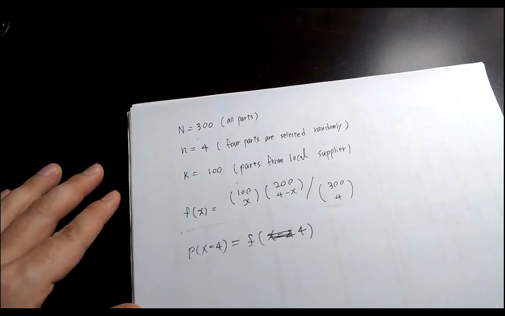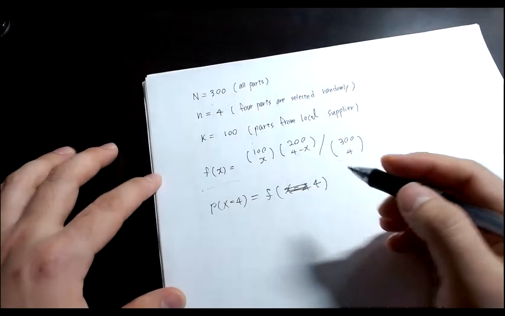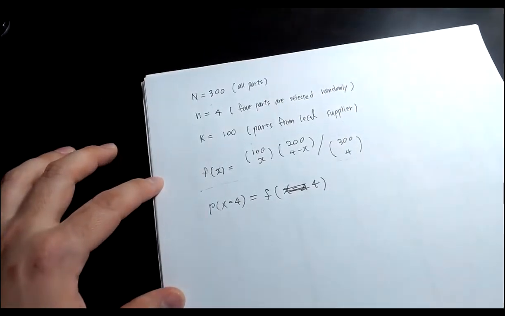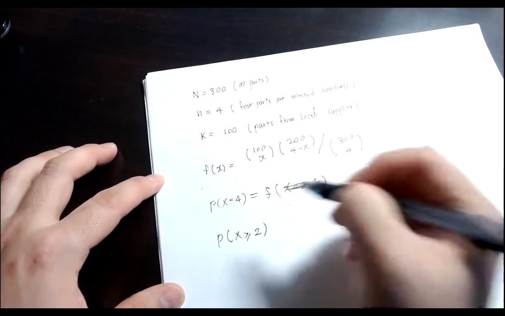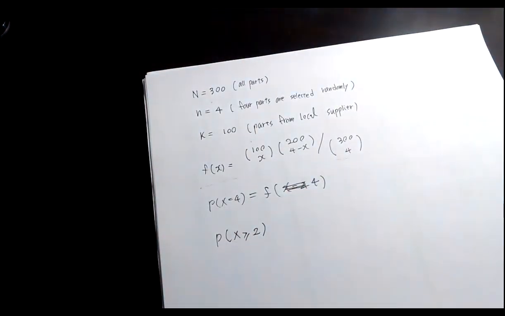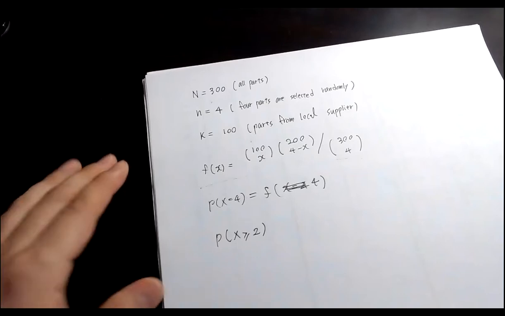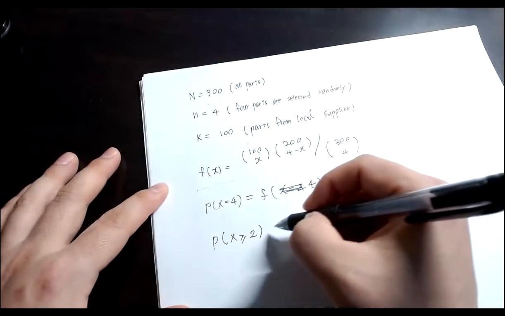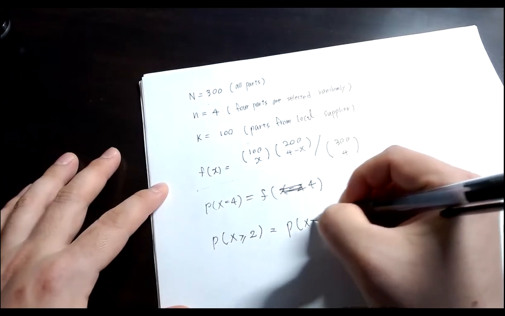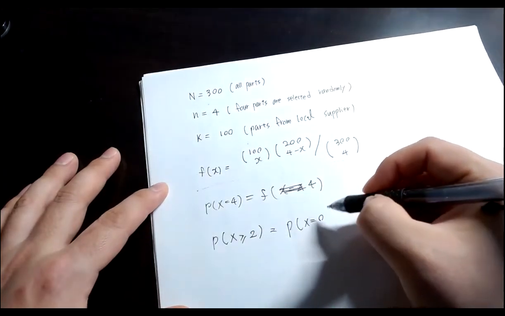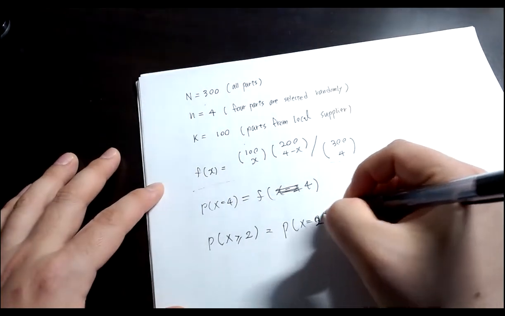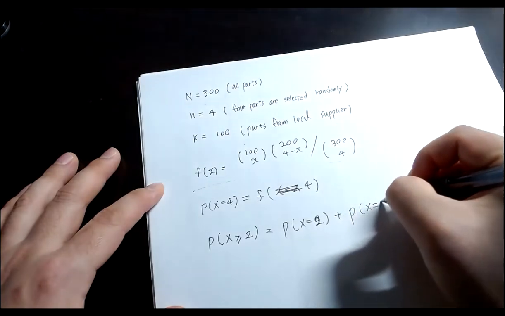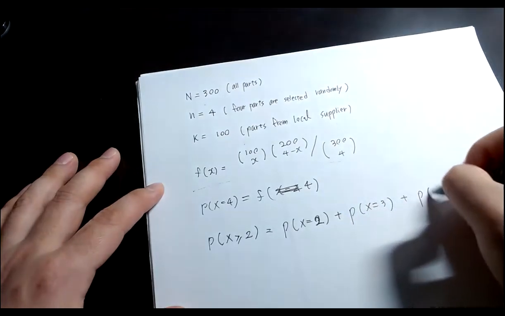The second problem is to find the probability that X is greater than or equal to 2, I mean, that 2 or more parts in the sample are from the local supplier. So we have to calculate the probability that X equals 2, I'm sorry, it should be 2, not 0, plus the probability that X equals 3, plus the probability that X equals 4.